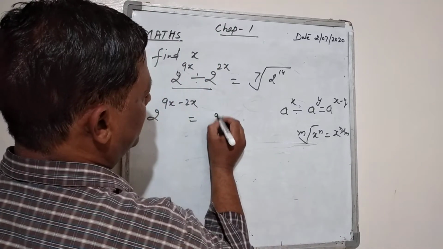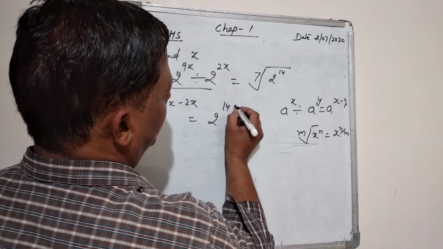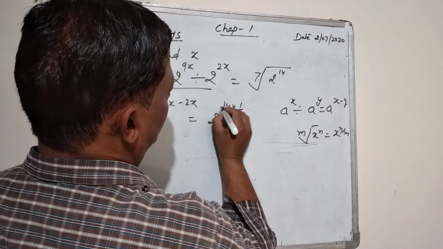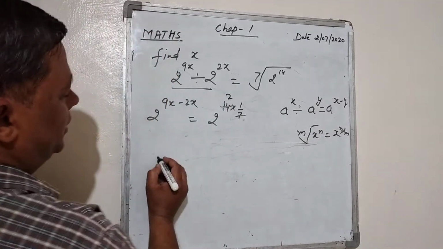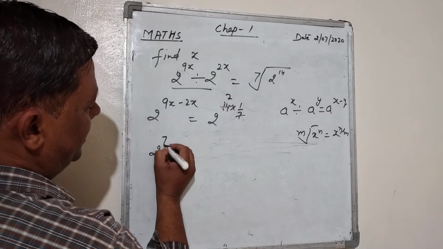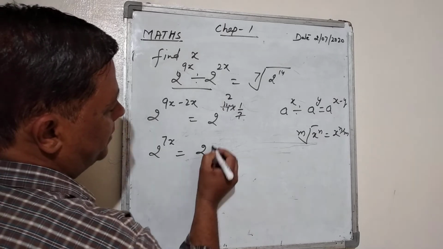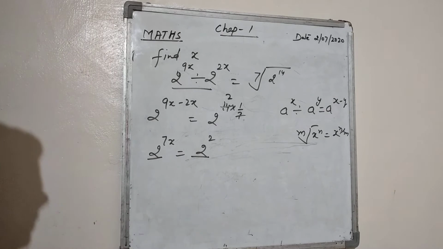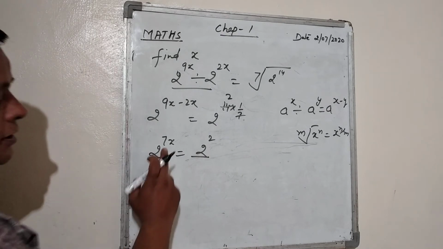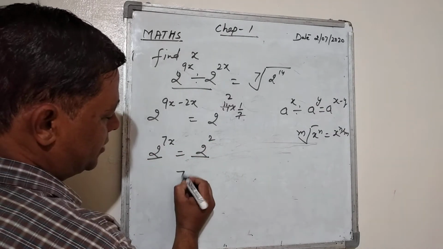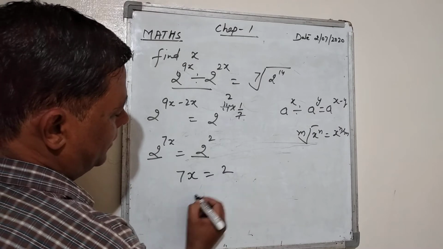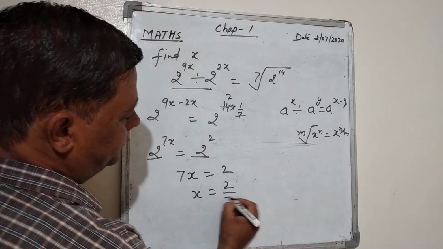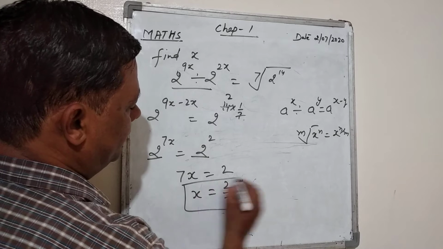So here it becomes 2 raised to the power 14 into 1 by 7. So you can cut this by 2. Here we have 2 raised to the power 7x equals 2 raised to the power 2. Because the bases on both sides are similar, the exponents are also equal. So 7x equals 2, then x equals 2 by 7. This way we can find the value of x.